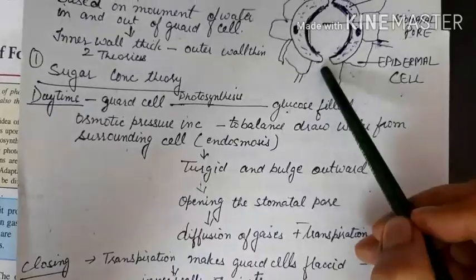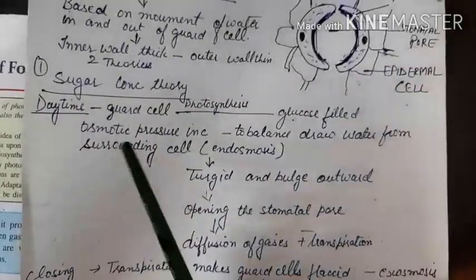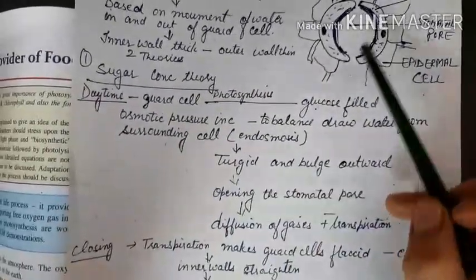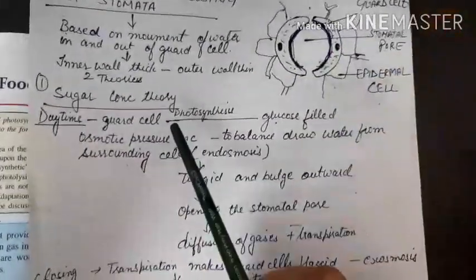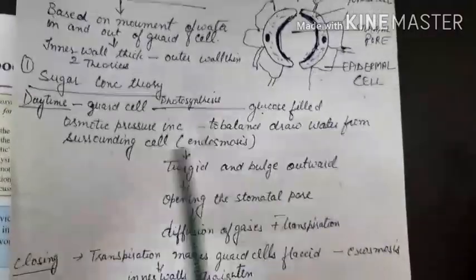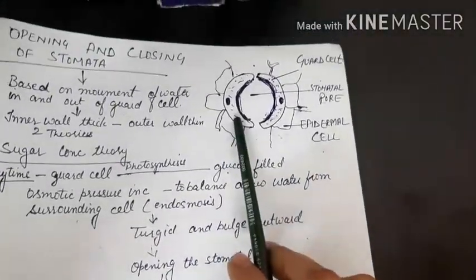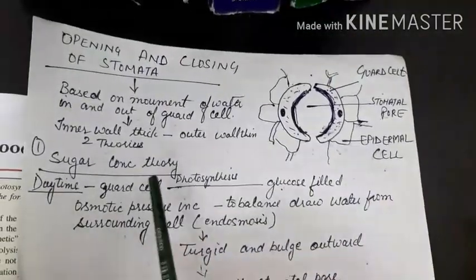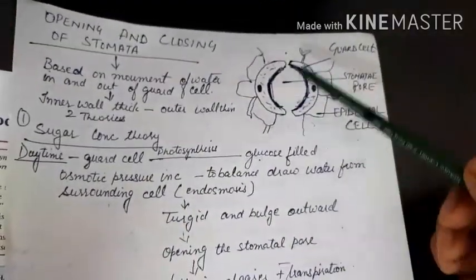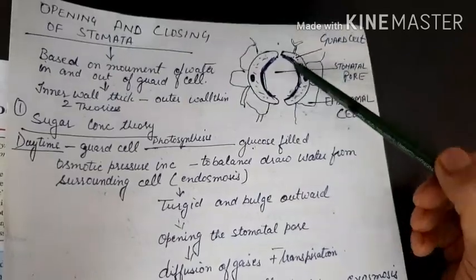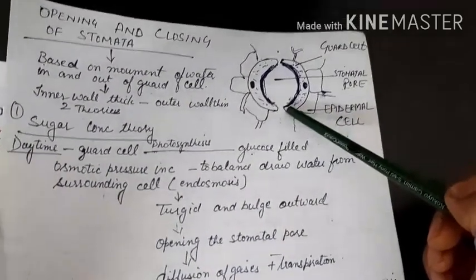So this closes the stomata. This opening and closing is mainly based on the movement of glucose, which is manufactured by the photosynthesis process. That is the sugar concentration theory. So sugar concentration regulates opening and closing of the stomata.